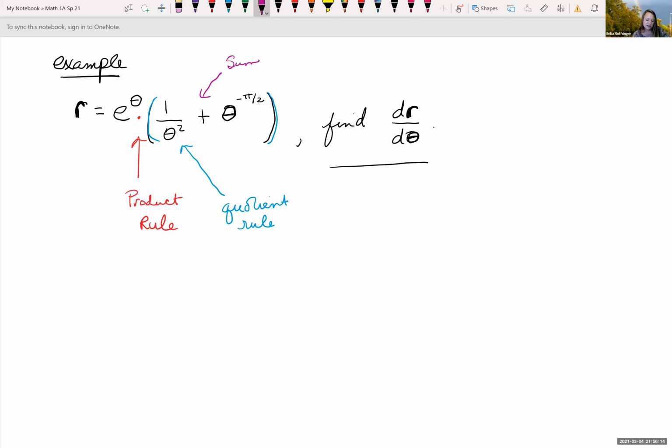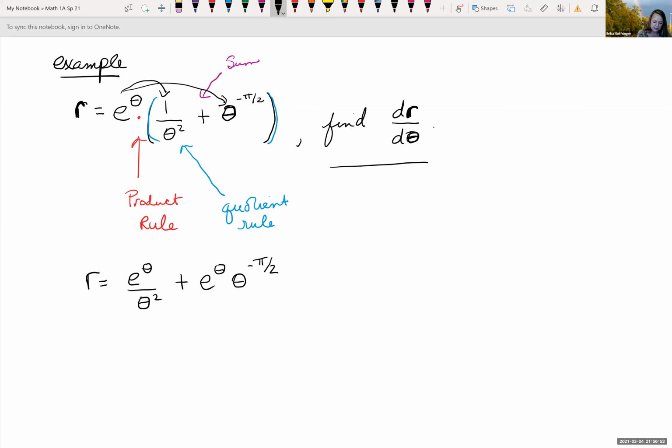I also noticed that a lot of times if you have a product, we can distribute. Sometimes distributing makes it a lot faster. So if I rewrote this, r is equal to e^theta all times 1 over theta squared, so this is e^theta all over theta squared, plus e^theta all times theta raised to the negative pi halves.